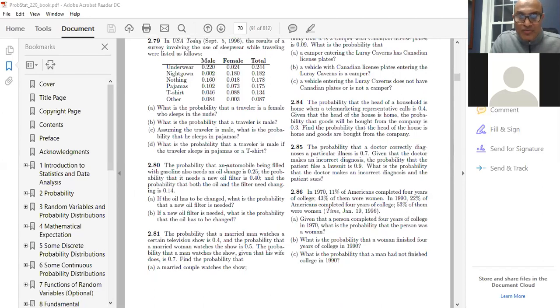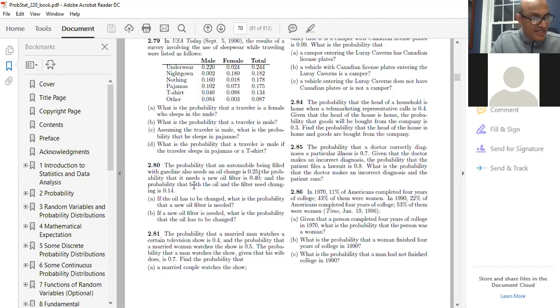The probability that the automobile being filled with gasoline also needs an oil change is 0.25. So gasoline with oil change is 0.25, which means intersection. The probability that it needs a new oil filter is 0.40. Third one, right? 0.40. And the probability that both oil and filter needs, that is 0.14.